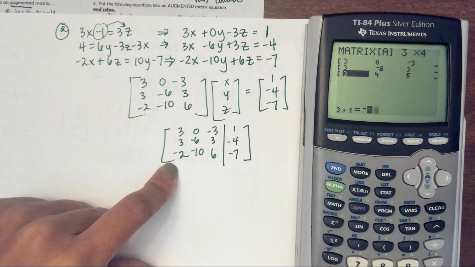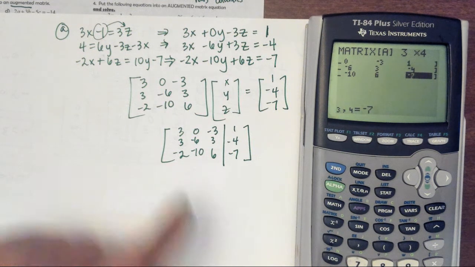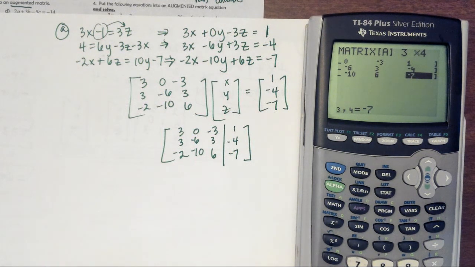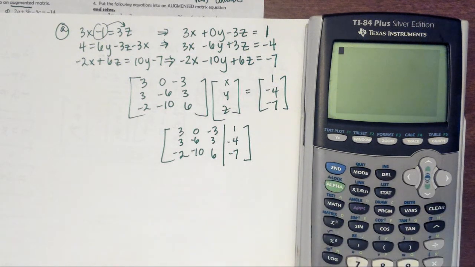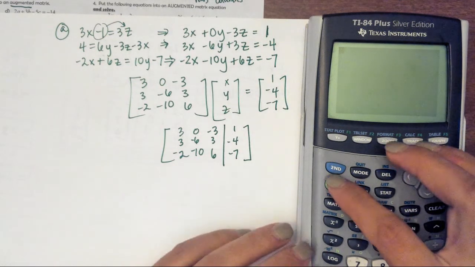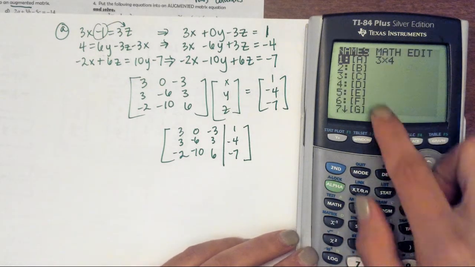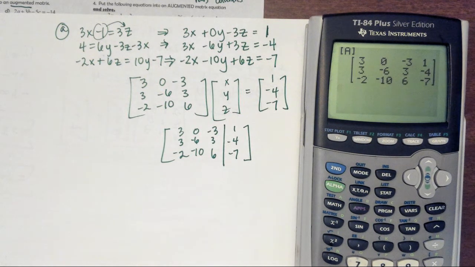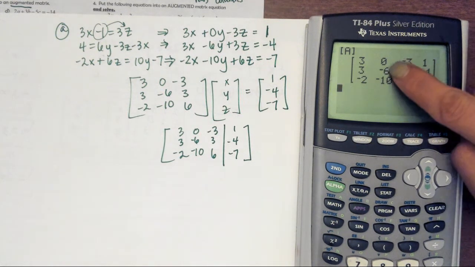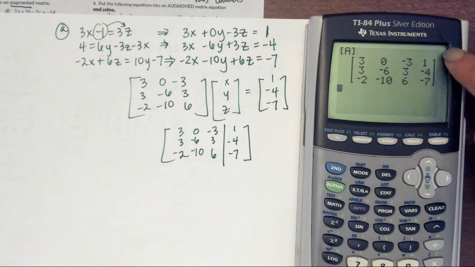And then negative 2, negative 10, 6, negative 7. So I have all my numbers in there. The next thing I'm going to do is second quit, go to my home screen. If you ever want to check that you plugged your matrix in right, go back to your matrix button, click on 1 and hit enter, and your matrix should pop up. So you can double check real quick: did I plug everything in right? It looks nice, we're good.